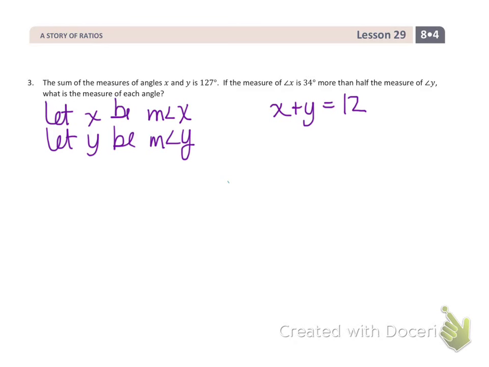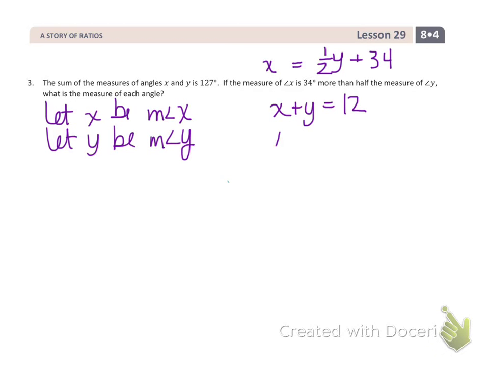Then I know the measure of angle x equals 34 more than half the measure of angle y. Half the measure of angle y, and 34 more than that.